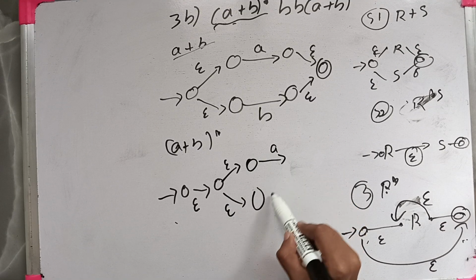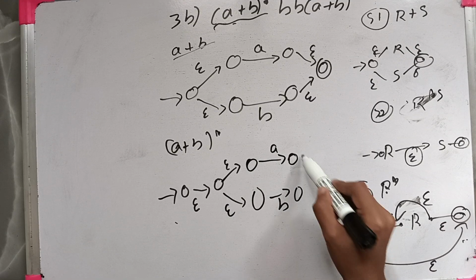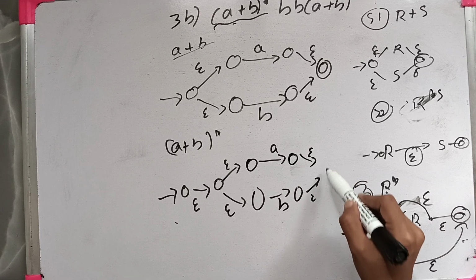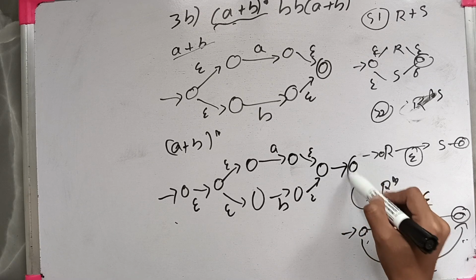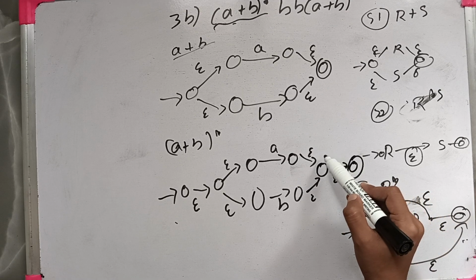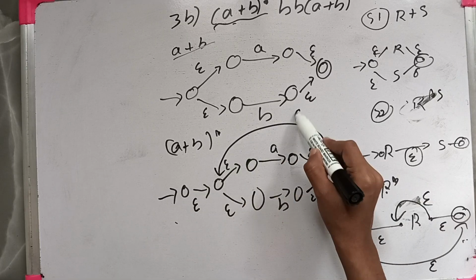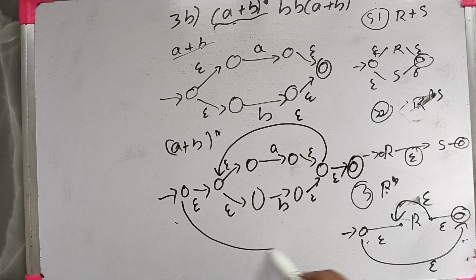Here is A, here is B. Next, a new final state with the help of epsilon. Then from this to this epsilon, and from this to this one more epsilon.